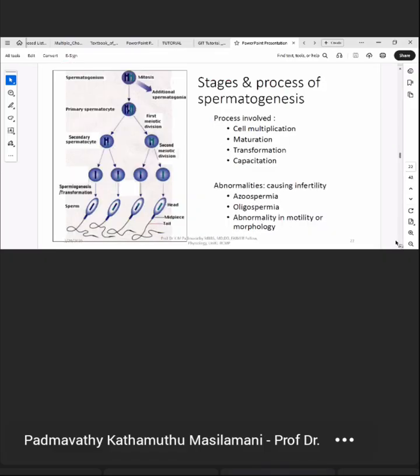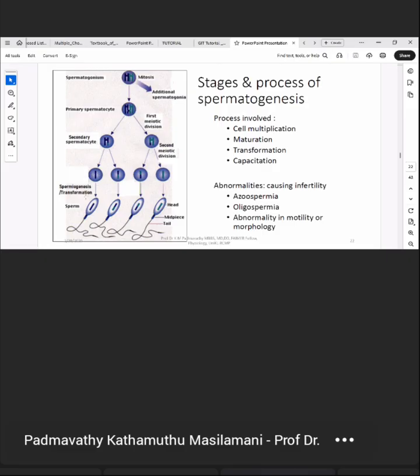So spermatogenesis, you can see the stages of spermatogenesis. The spermatogonium will become primary spermatocyte. From primary to secondary spermatocyte, you will have the first meiotic division. And the second meiotic division will convert secondary spermatocyte to spermatids. From the spermatids, the spermatids will become the matured sperm.